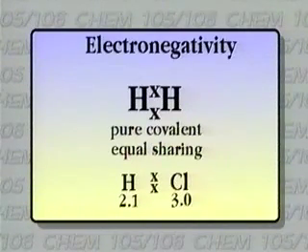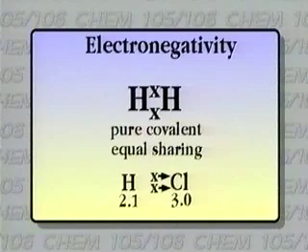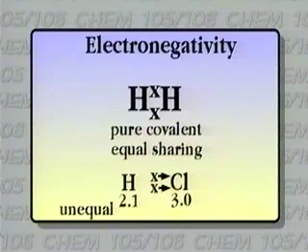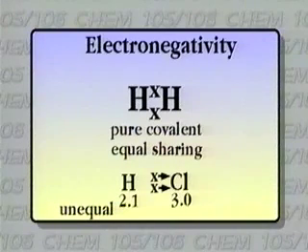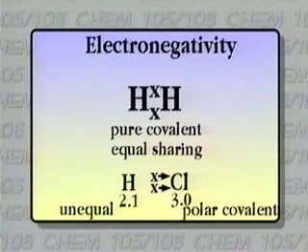It is stronger attracting those electrons than the hydrogen. So the electrons are going to spend a little bit more time with the chlorine than they are with the hydrogen. This unequal sharing is referred to as polar covalent. Equal sharing was pure covalent. Unequal sharing is polar covalent.